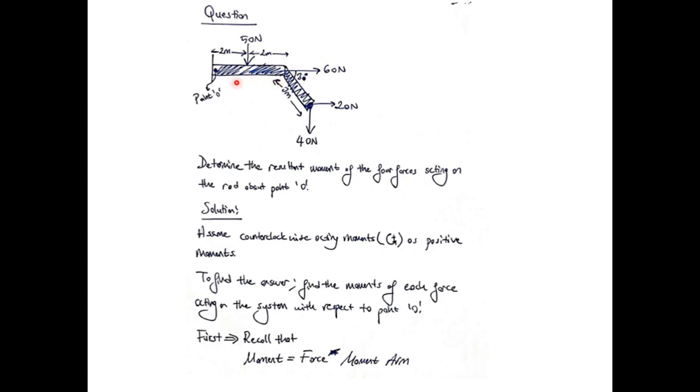Be careful because, as we have mentioned, the moment arm is the perpendicular distance between the force and the reference point. And in this one, the 60 newtons is acting directly through the point O. So the force is passing right through the point O. So the perpendicular distance is 0 because there is no perpendicular distance in this force.